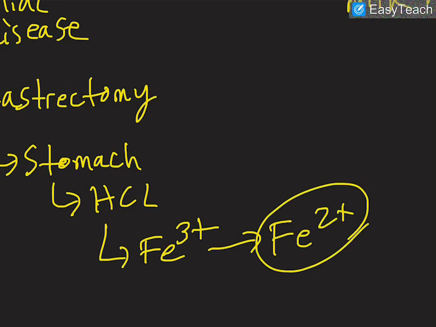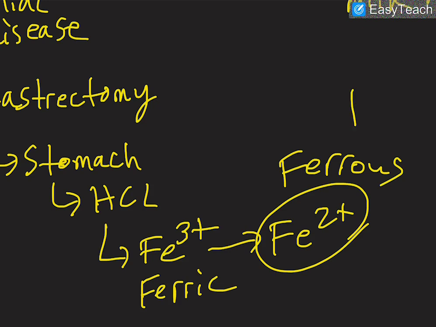The ferrous state of iron is what's absorbed, okay? So you need this conversion to properly absorb iron. So if you don't have stomach acid, due to maybe destruction of your parietal cells or a gastrectomy, for example, then you're going to have a lot of trouble absorbing iron in its most ready form, which is the ferrous state. So this is the ferrous state, this is the ferric state. You want the ferrous state in order to absorb iron well.